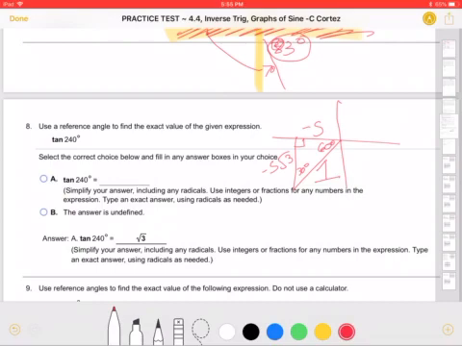Recall that this is going to be the smallest side times 2. So that means that this is going to be negative 1/2 for your x-coordinate. And then this would have to be negative square root of 3 over 2 for the y-coordinate.